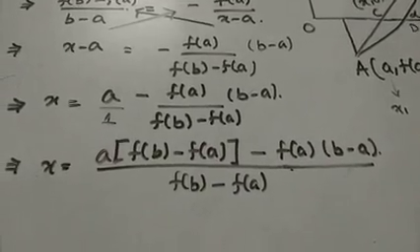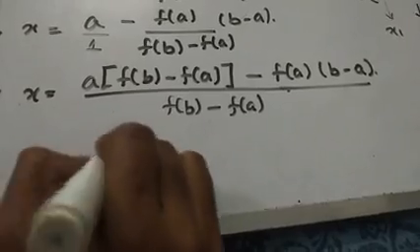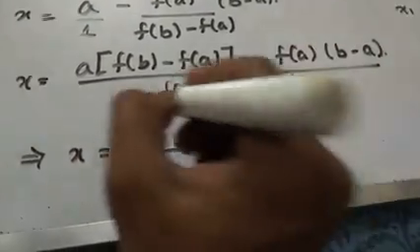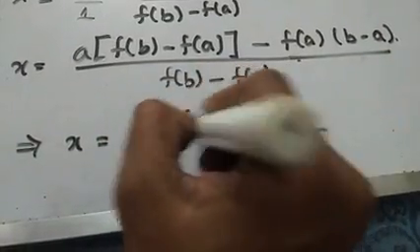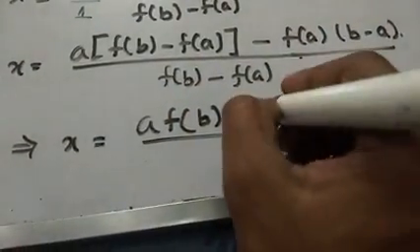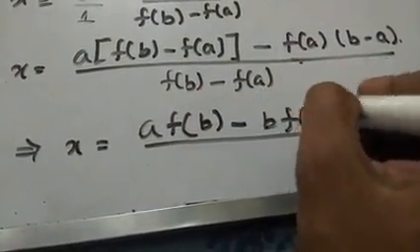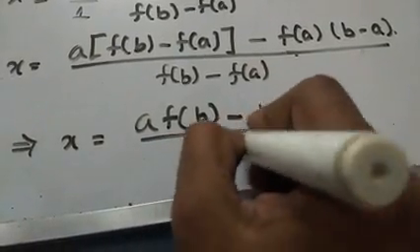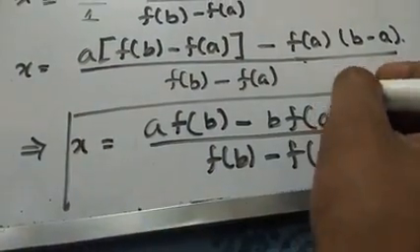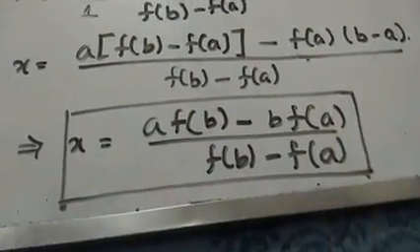Clear? Now after multiplying, adding, subtracting, we will finally get the formula as a into f of b minus b into f of a by f of b minus f of a. This will be the required formula.